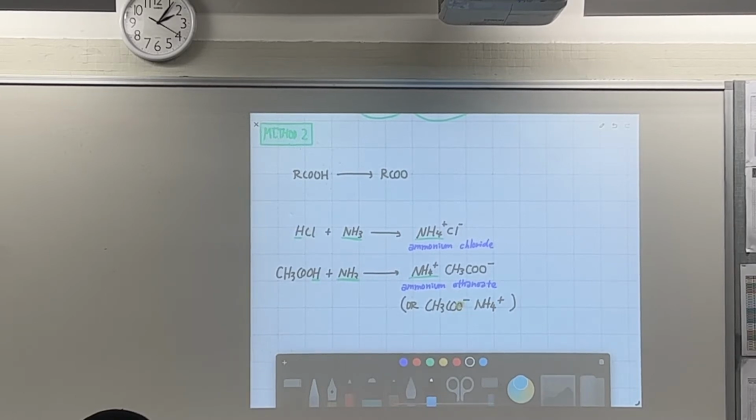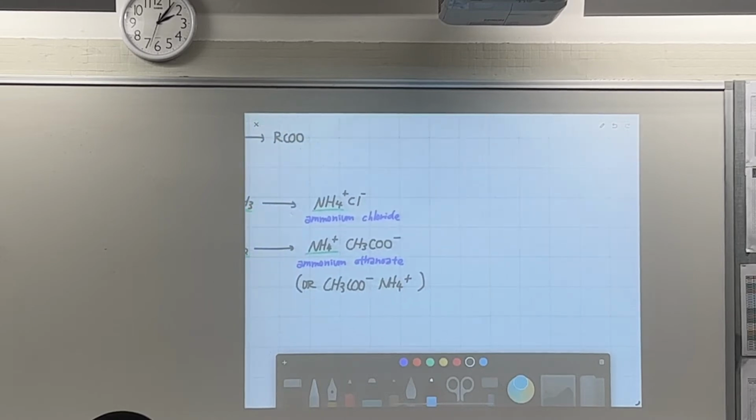You have to show the charge, because if you don't show the charge, you are giving other people the impression that this is a covalent compound. When I write it like this, this will make you feel that this is a covalent compound, right? When it is not. This is an ionic salt.